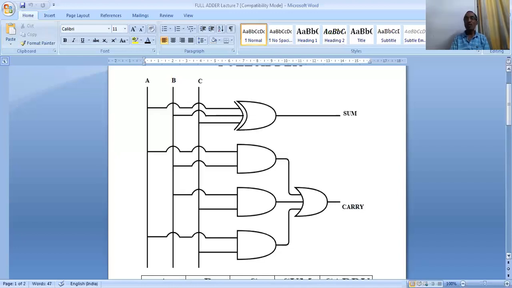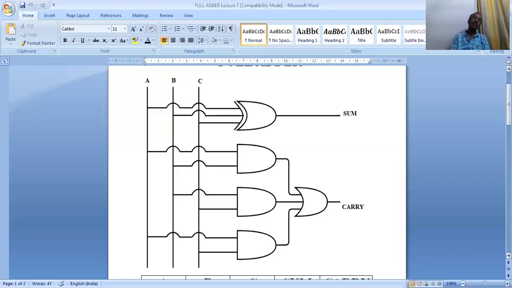Therefore, only in this case, the output of the XOR gate is sum equal to 1 and carry equal to 1. This full adder is used for logic addition and to give a carry for the three digits.